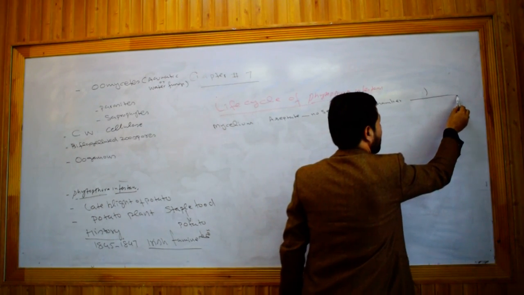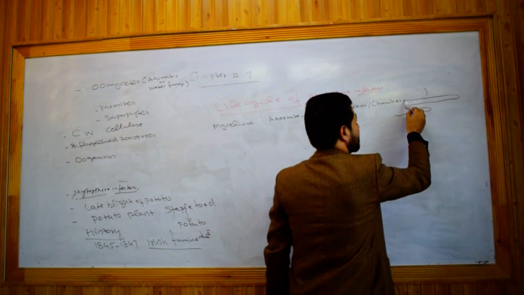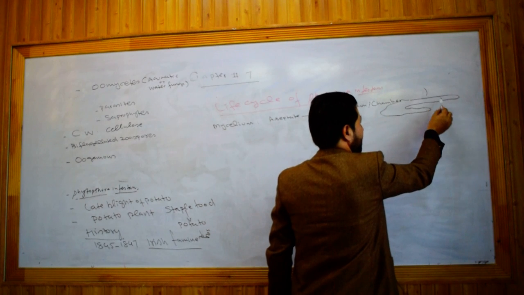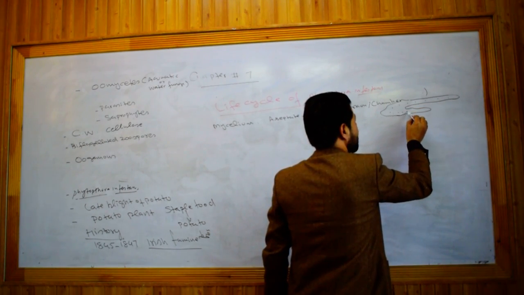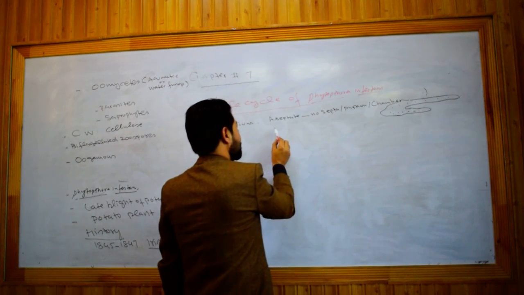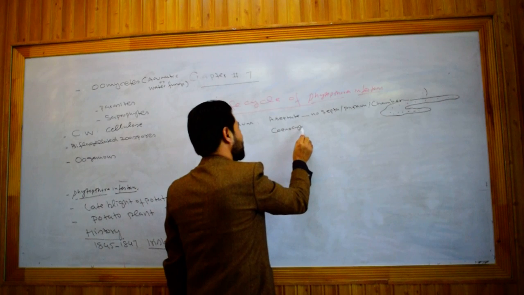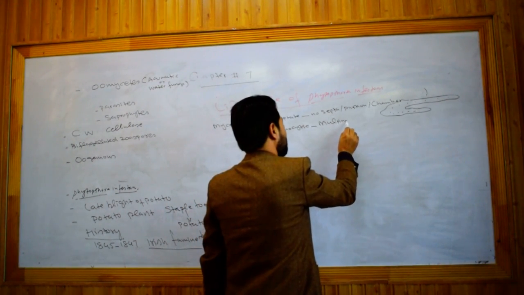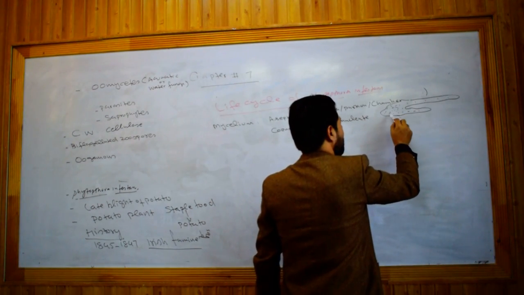For example, this is a type of mycelium which is aseptate. There is no septa. And multinucleate. Another feature is coenocytic. Coenocytic means multinucleate, having many nuclei in them.